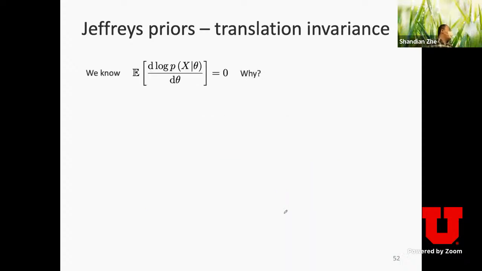Some of you may have seen this result before, right? Just forgive me, I will give a quick explanation. If you take the expectation of the first order derivative of the log likelihood with respect to theta, it is simply 0. Why? The reason is that the likelihood is actually a distribution, right? The integral of this density with respect to x will be 1, right?